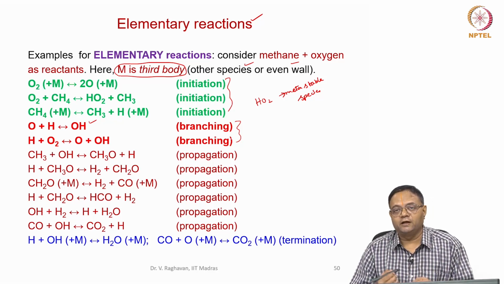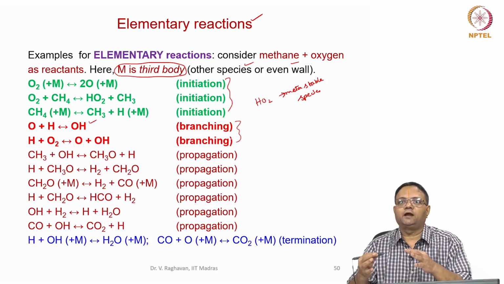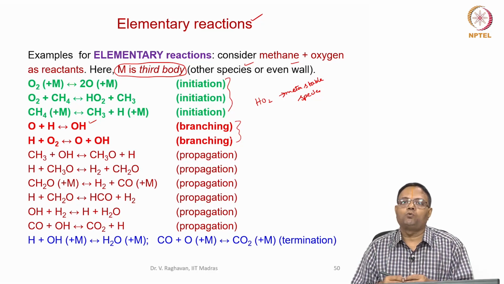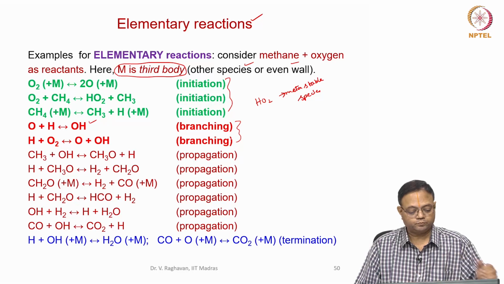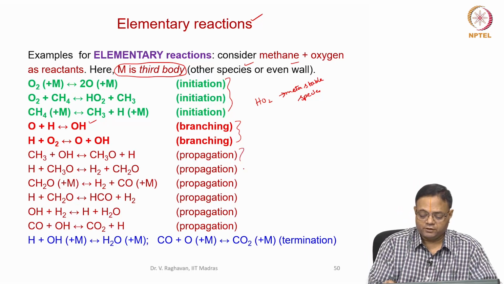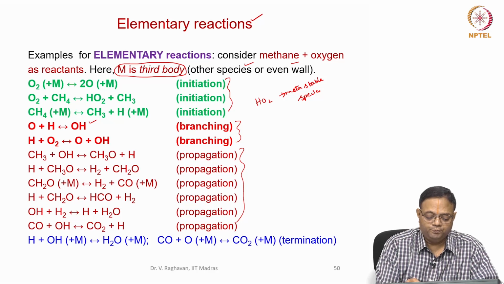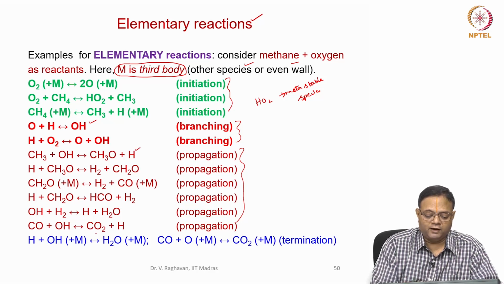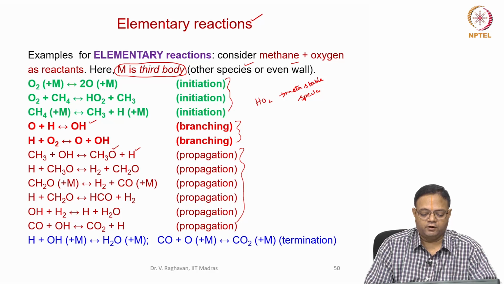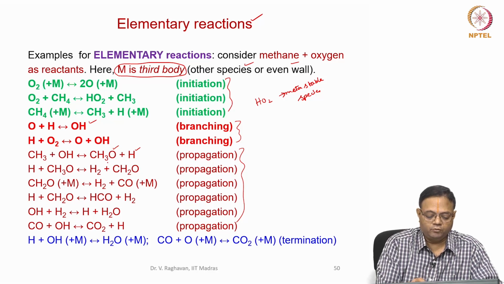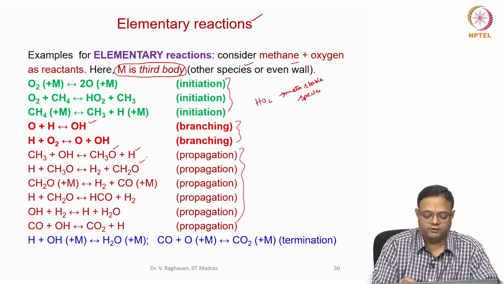They actually take place at a faster rate and also aid in accelerating the overall reaction rate. Then propagation reactions. These are sets where you will see that a radical is formed, some amount of metastable species are formed. So metastable species plus radical is formed. Here metastable species is formed, and here radical is formed, and so on.